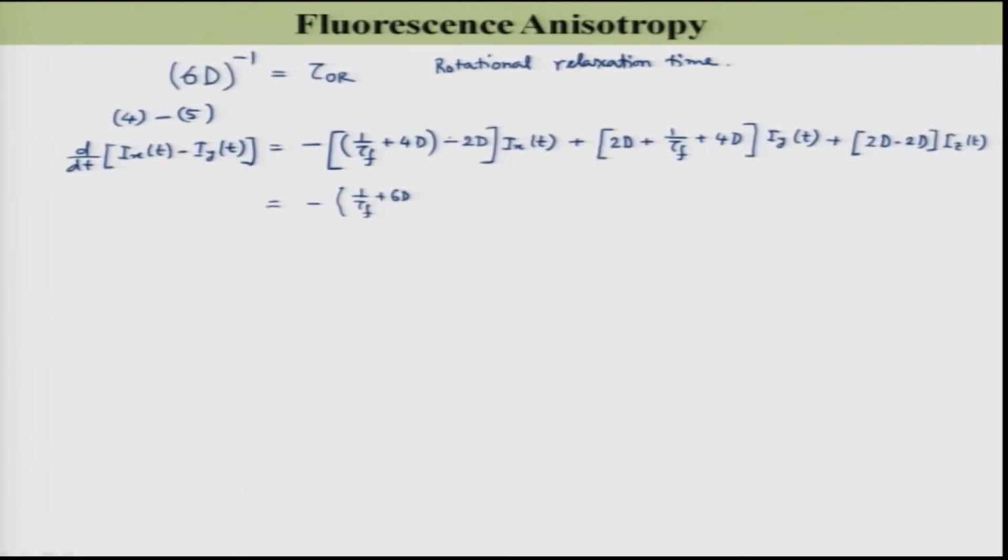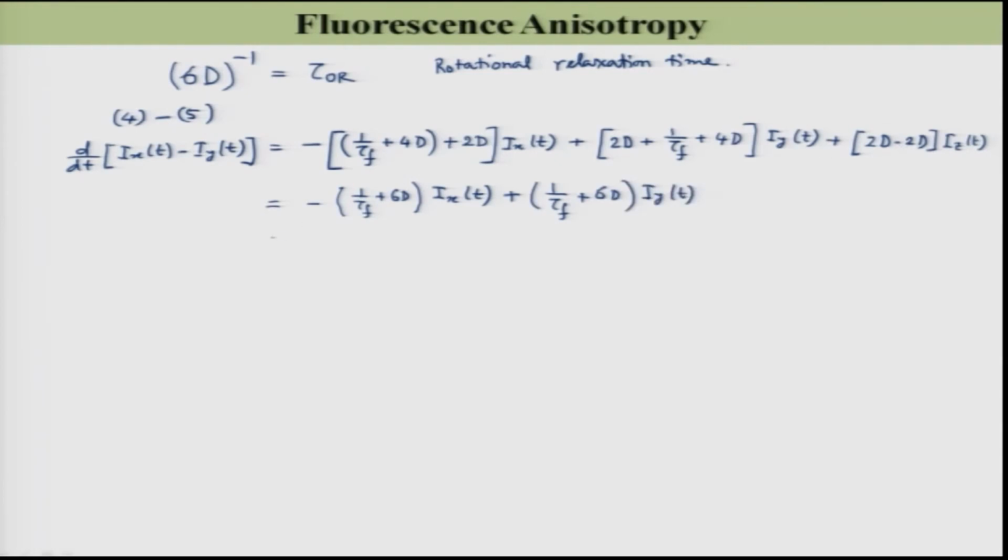So, then this should be plus 6d times Ix(t) plus 1 over tau f plus 6d times Iy(t), and here z is nothing, right.